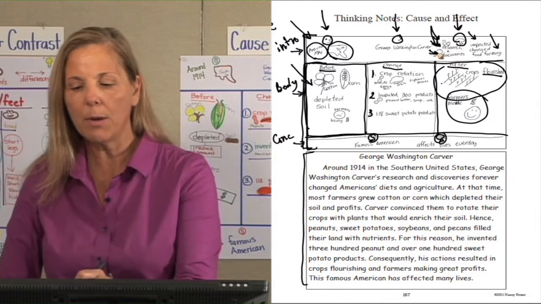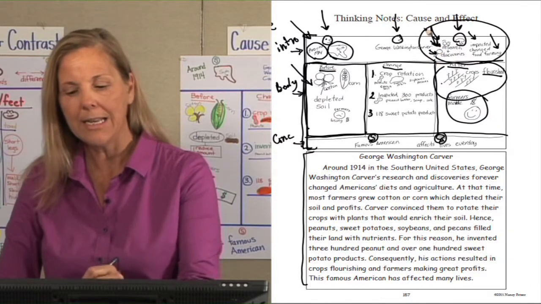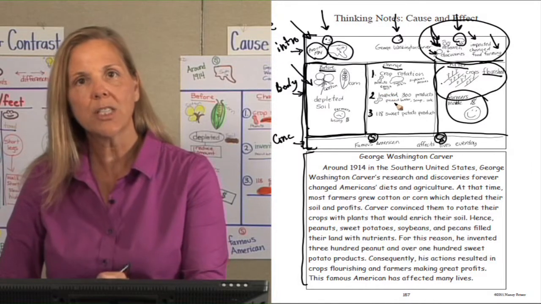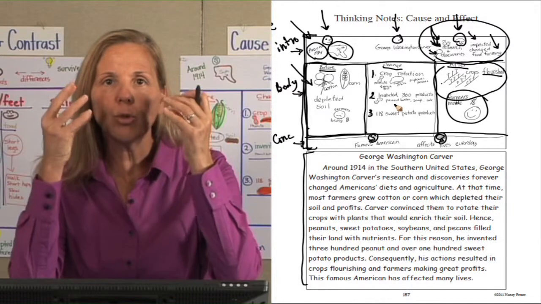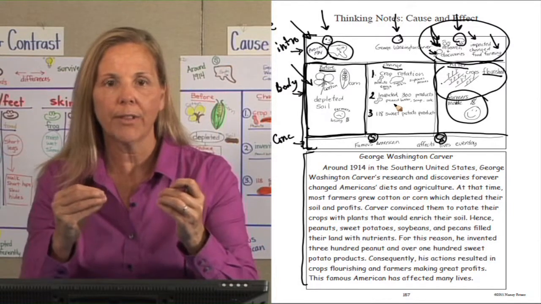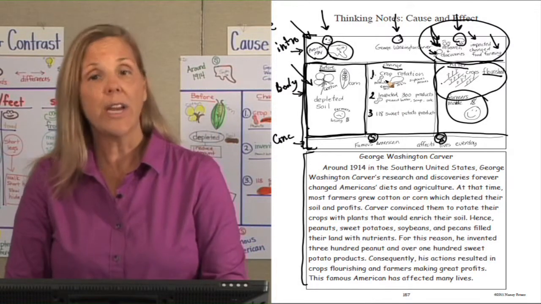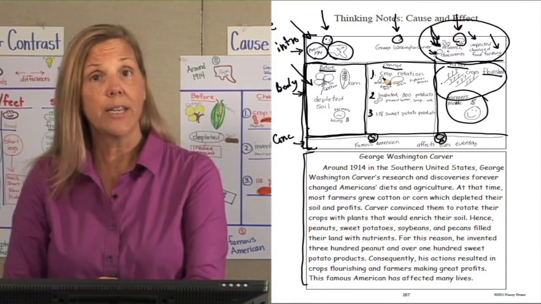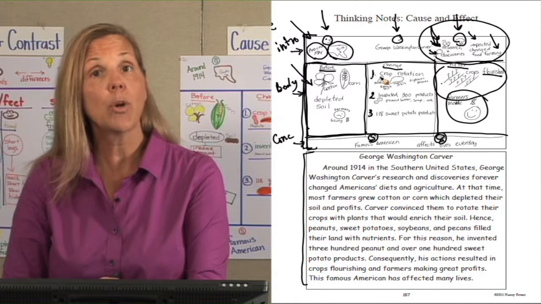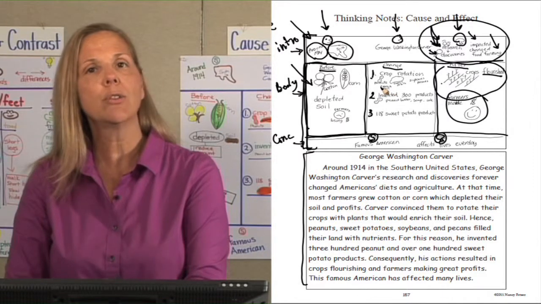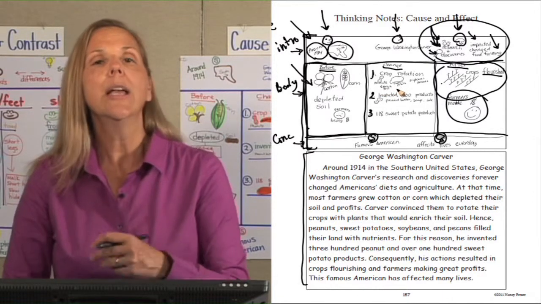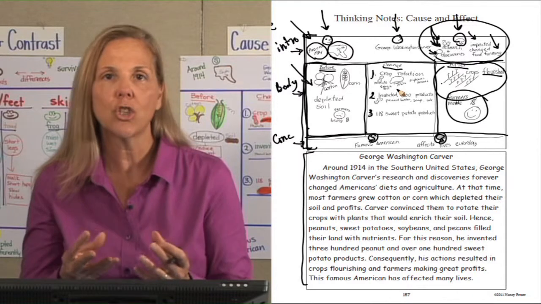So notice I'm going back up to this big idea to guide students through this thinking process. This is all about you showing children how to think effectively. At that point, we identified one of his first ideas, and that was crop rotation, using things like sweet potatoes and peanuts and pecans in order to replenish the soil.